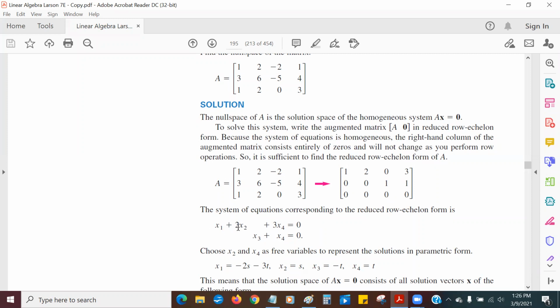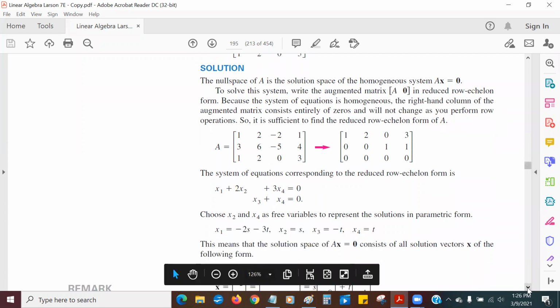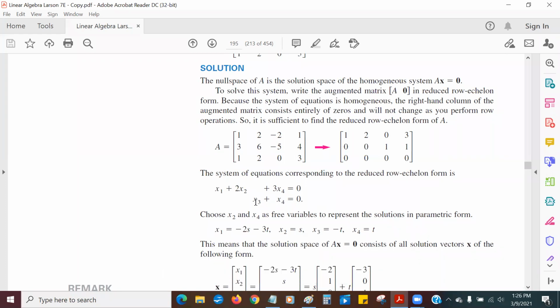So in this case, x2 is going to be a parameter, and x4 is going to be a parameter. And that means that if I let x4 equal t, then x3 is going to be negative t. And here, once x4 is t, 3x4 is 3t, which I bring over to the other side.